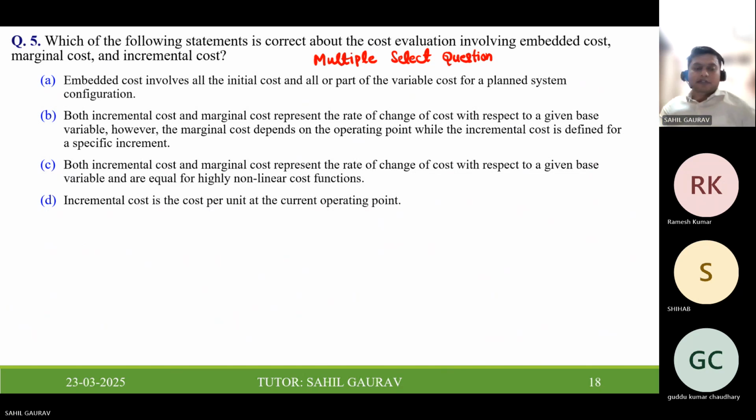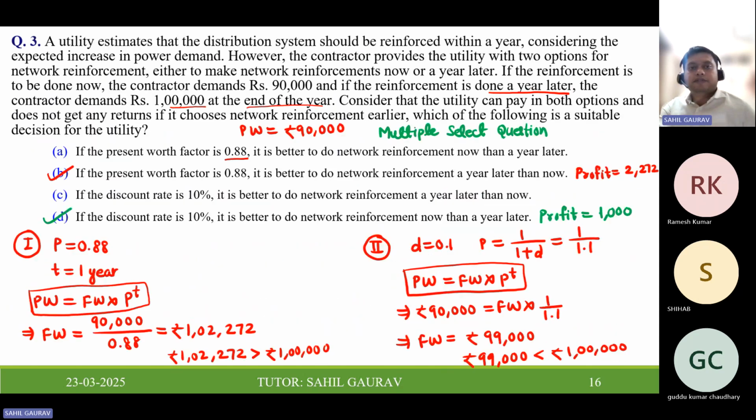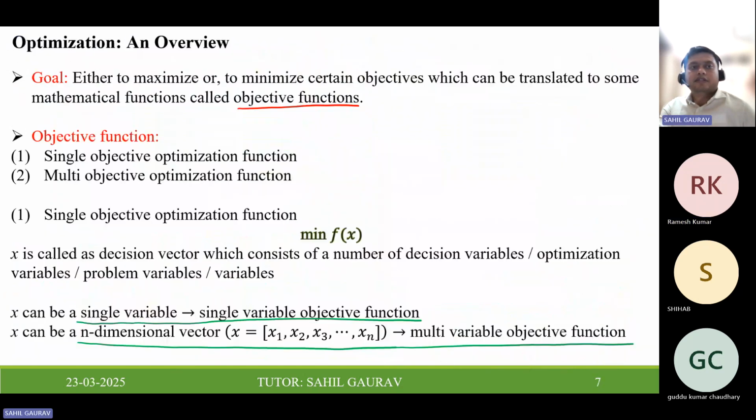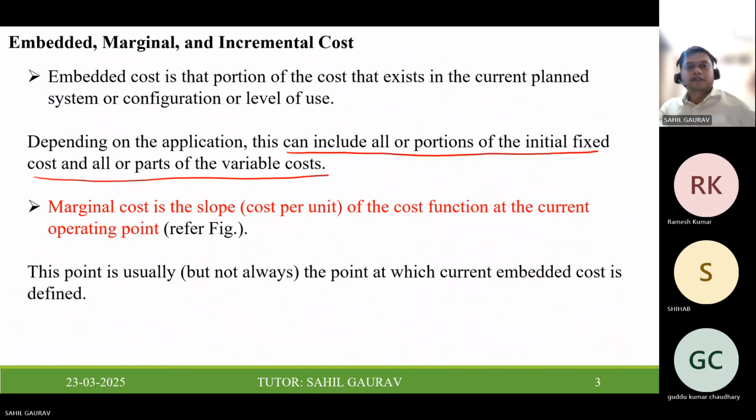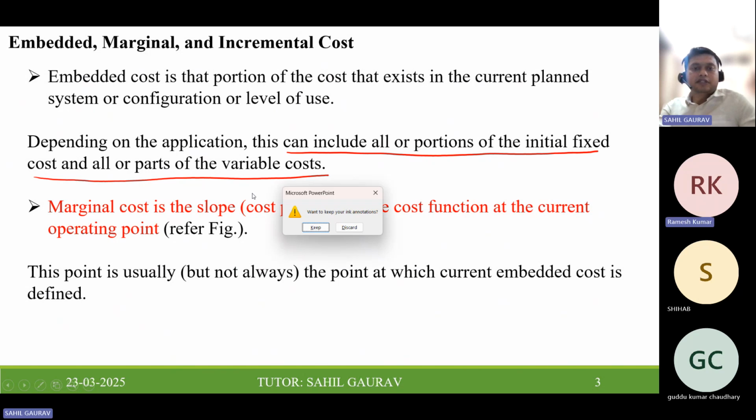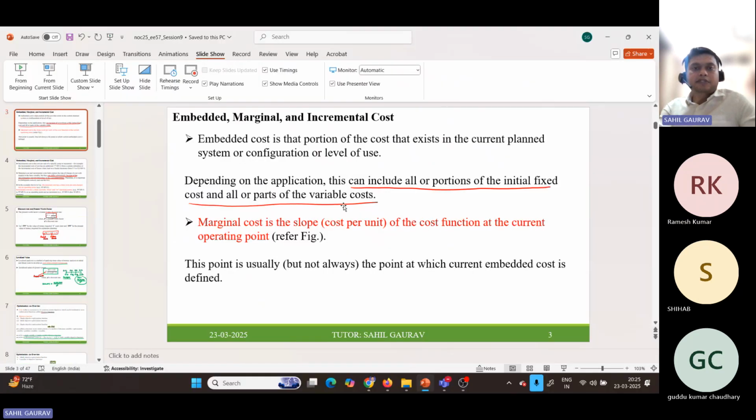Ramesh, if you look on this slide, we have denoted this embedded cost.